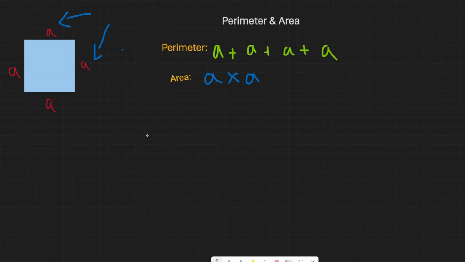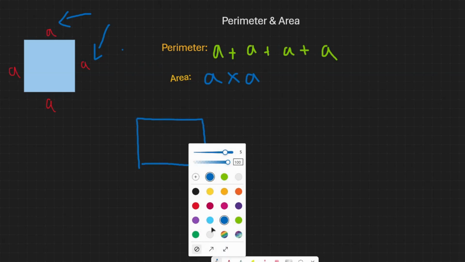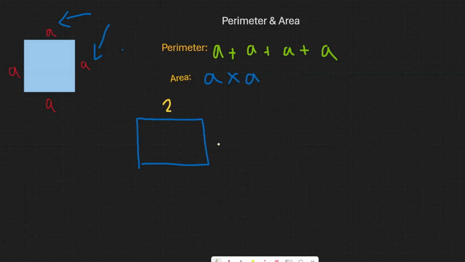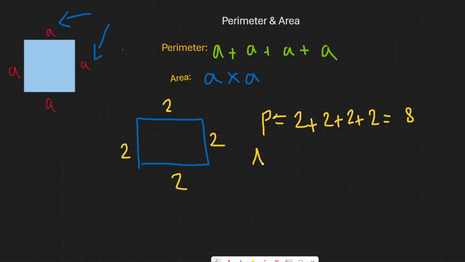Imagine that we have a square like this, and this time this side is 2. If this is 2, since this is a square, this is 2, 2, 2. So in this case, perimeter, or let's just use P, is equal to 2 plus 2 plus 2 plus 2, which is 8, and area is equal to 2 times 2, which is 4.